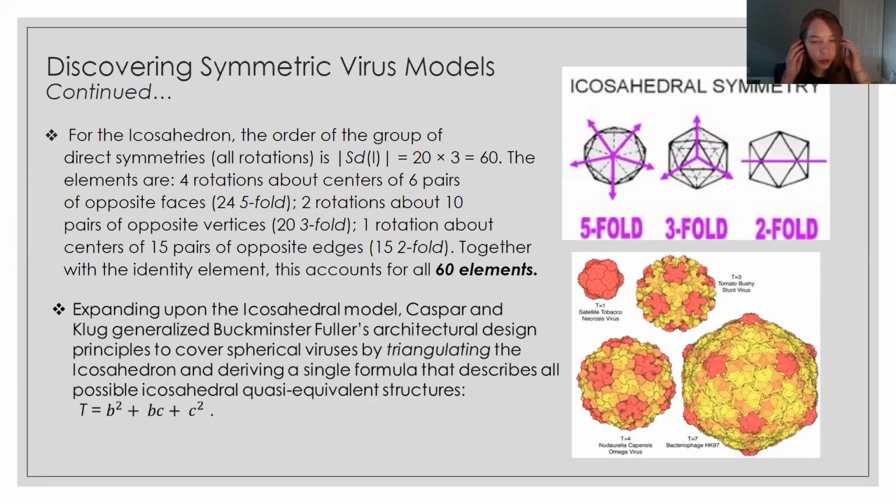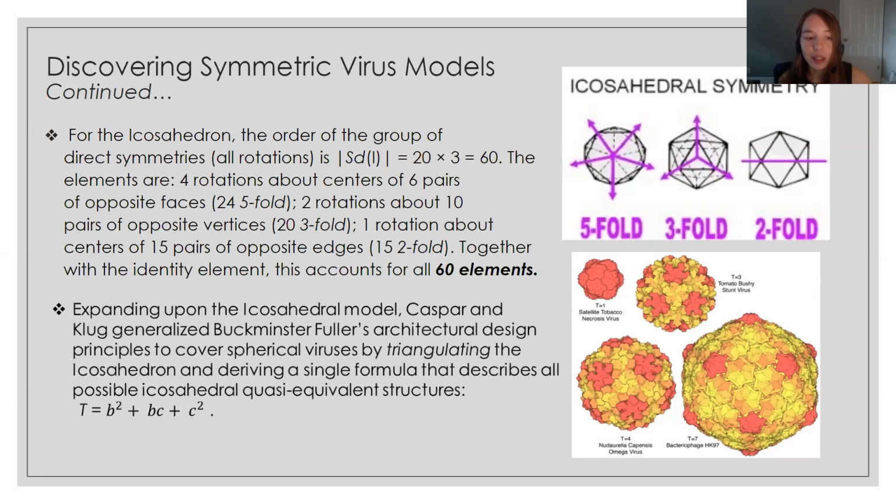Going from this model, since not all viruses are going to be a perfect icosahedron, it is still possible to approximate one using triangulation. Expanding upon this model, Caspar and Klug generalized Buckminster Fuller's architectural design principles to cover spherical viruses using this triangulation of the icosahedron, and they derived a formula which describes all the possible icosahedral quasi-equivalent structures.